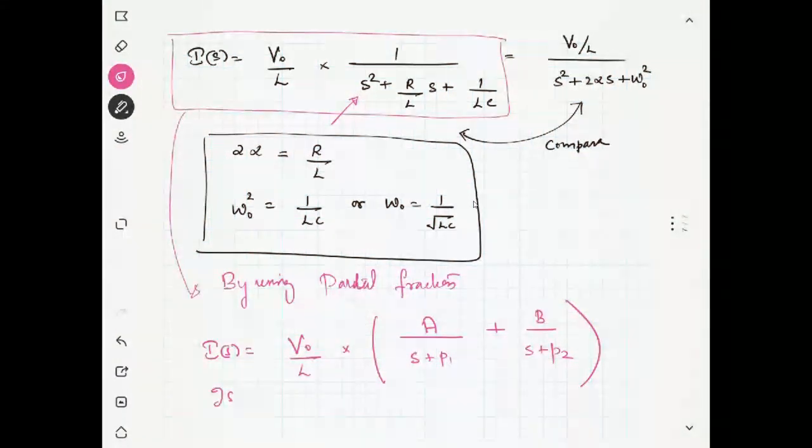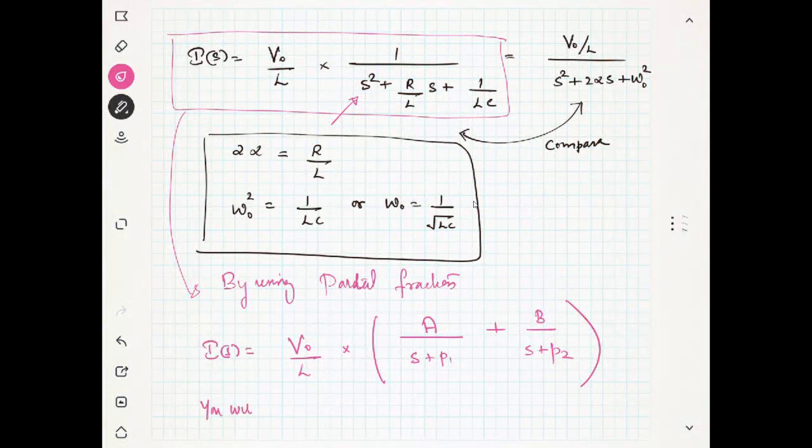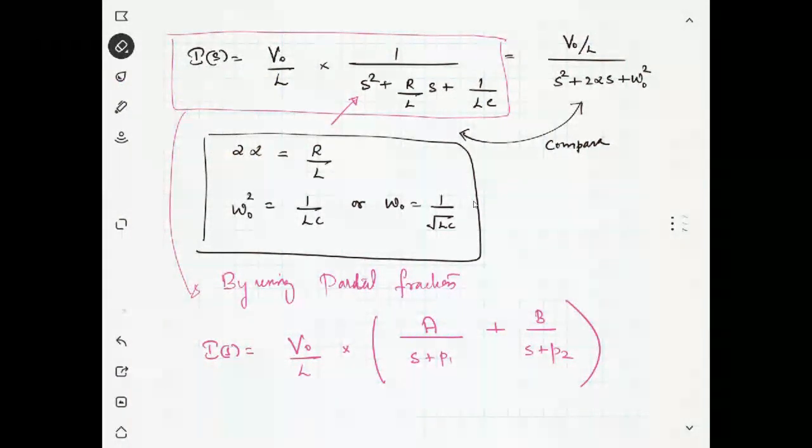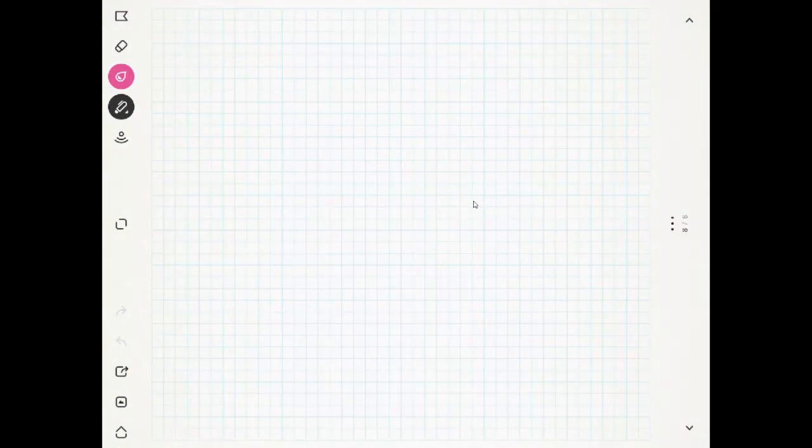If you solve this, I am not going to give the proof of this, you will get a equal to minus b, and your a as 1 by p2 minus p1, something like this. So you will get a formula like this. I'm going to write only the final equation. Please leave all these other things.